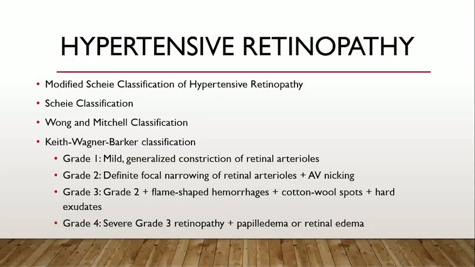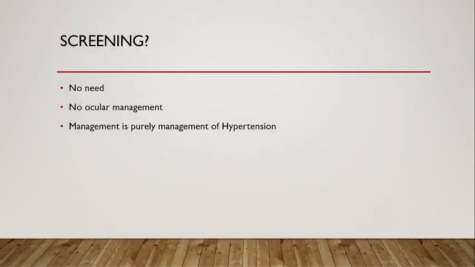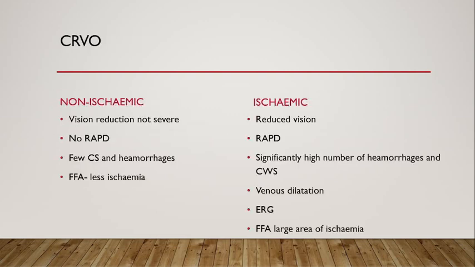Grade 2 is AV nipping, and the silver wiring and the copper wiring are in grade 2. In grade 1 there is mild generalized constriction. There's no need of screening like diabetic. No active ocular management.